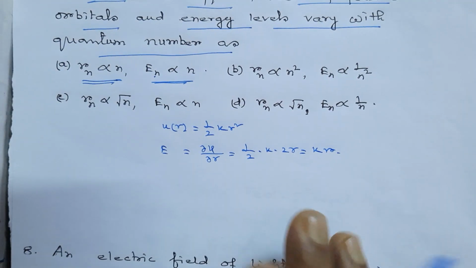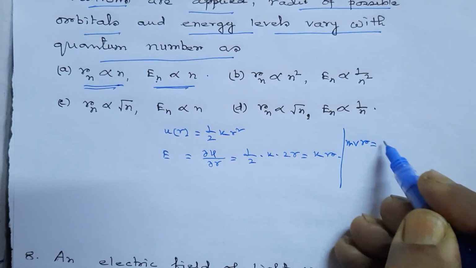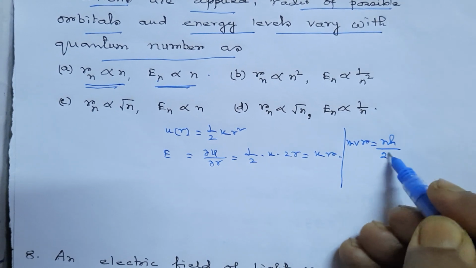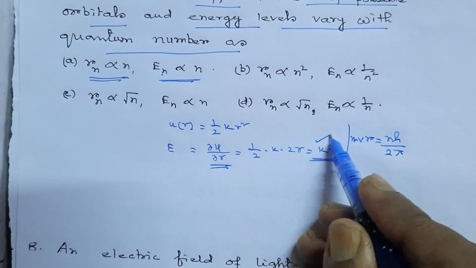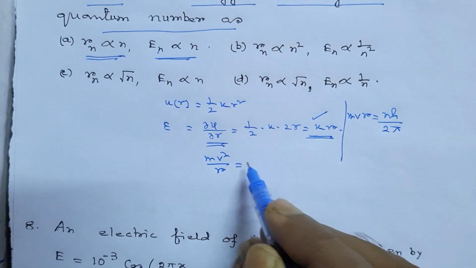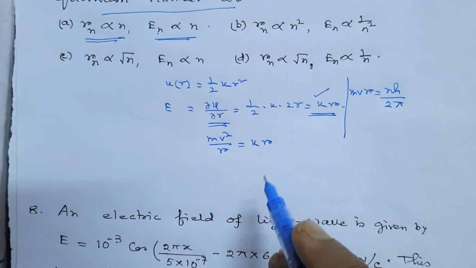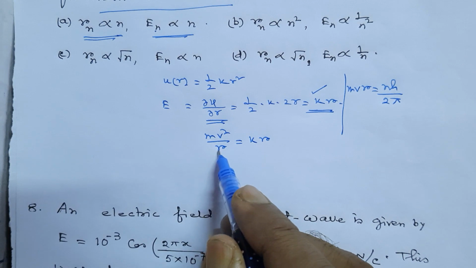Now, the Bohr quantum condition gives mvr equals nh by 2 pi. And the force, that is mv square by r, equals kr. So mv square by r equals kr.